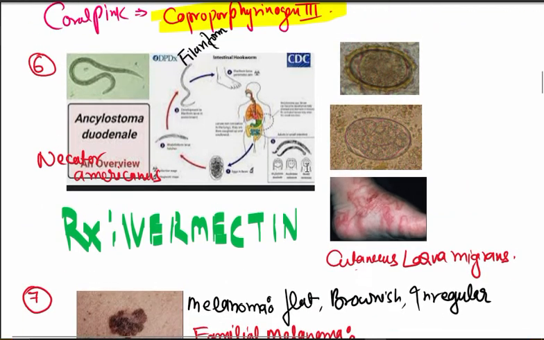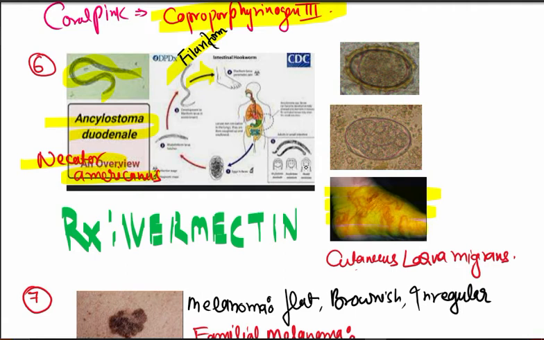Okay, next condition, we see this parasite. This is the hookworm Ancylostoma duodenale, also known as Necator americanus. So the filariform larva is the infective stage. It pierces the skin and will look like this.